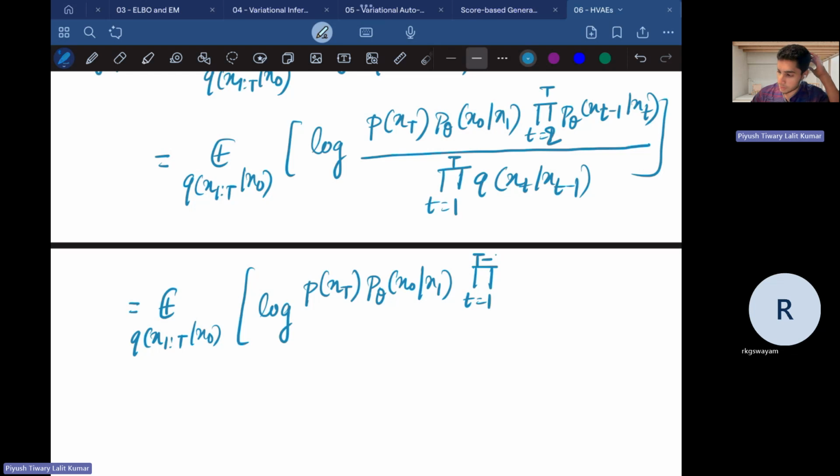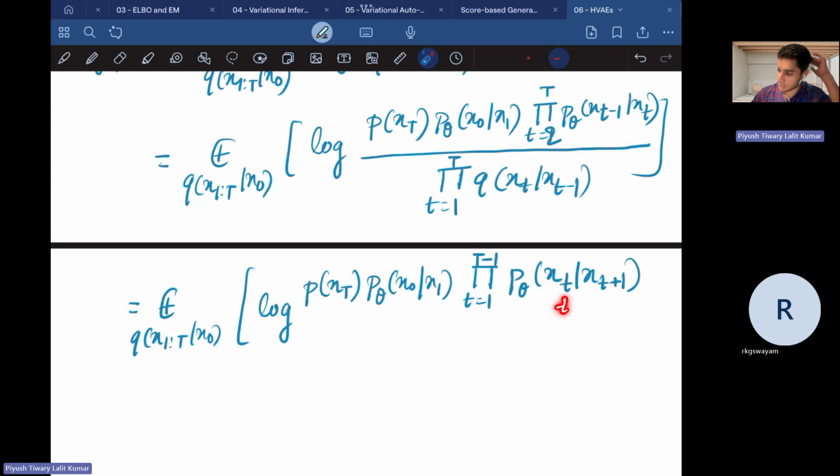So to do this change, my index inside will change. Maybe if you understand it directly, tell me, otherwise I'll explain it. Does this make sense? What I have done here is, instead of using t minus 1 given t, I am using t given t plus 1. It's like substituting t minus 1 with t dash.